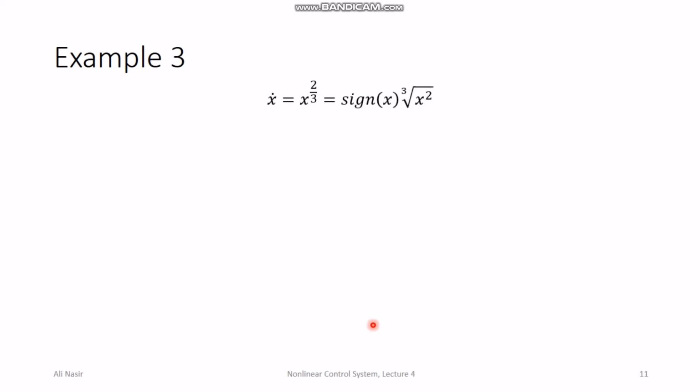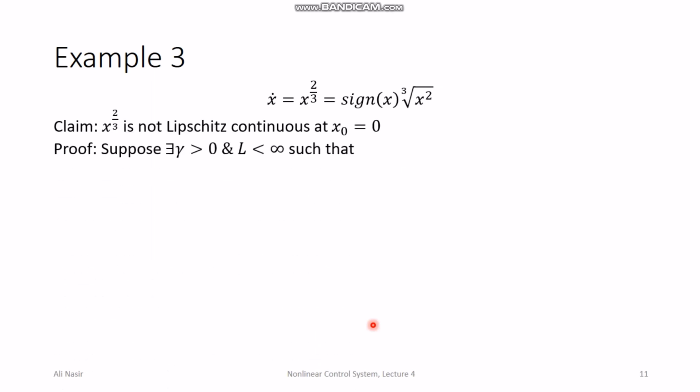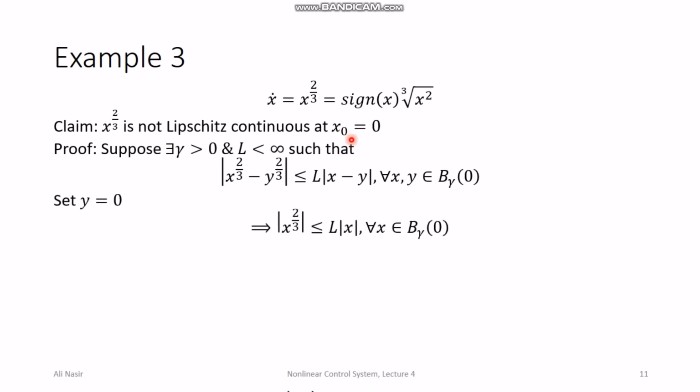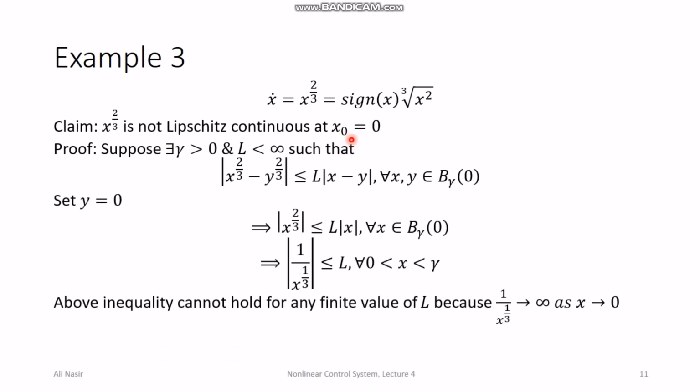Then we looked at an example where there is no Lipschitz continuity at the point x equals 0. So around this point the solution cannot exist, and we have proven by contradiction that this function is indeed not Lipschitz continuous around the point 0.